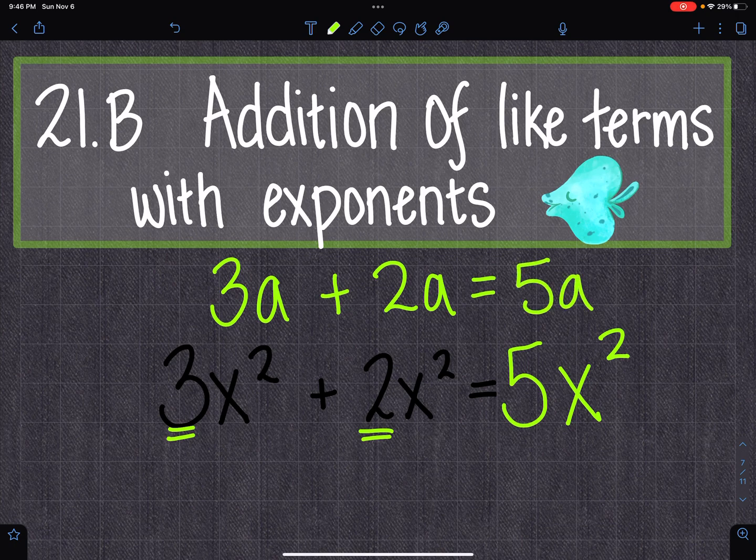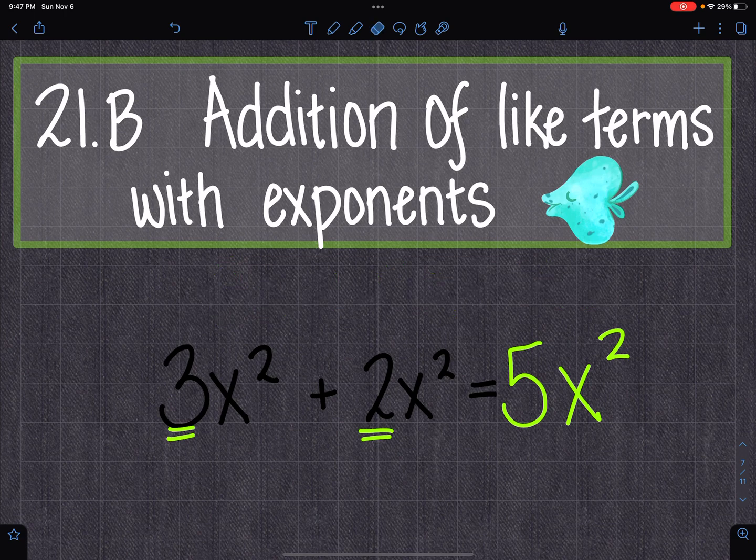Now when you add with exponents, you don't change that rule. The exponent goes with the letter and you keep that the same. You might be tempted to add these together, but this is not x to the 4th. It is not.